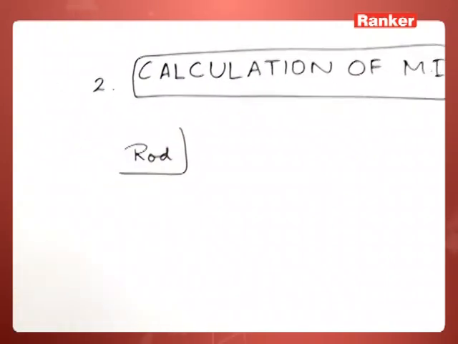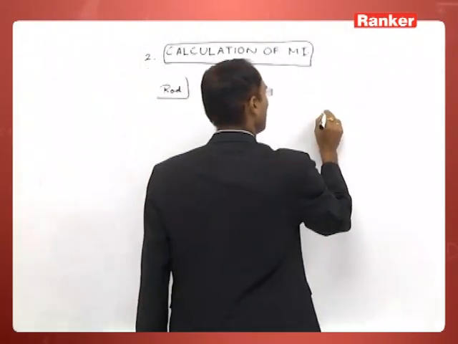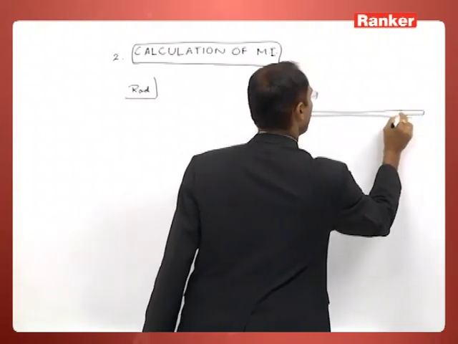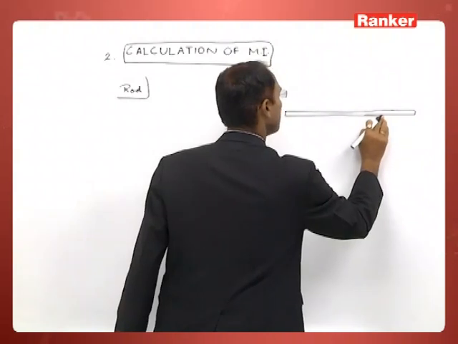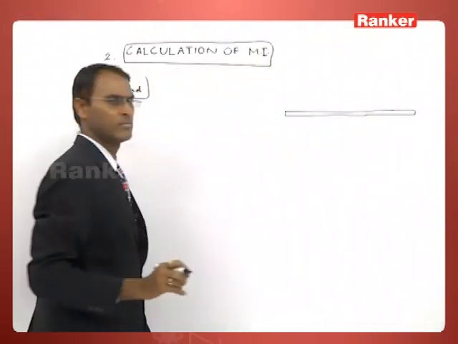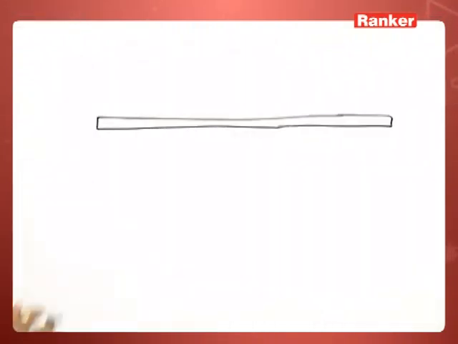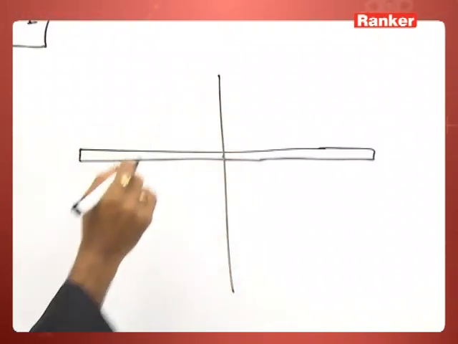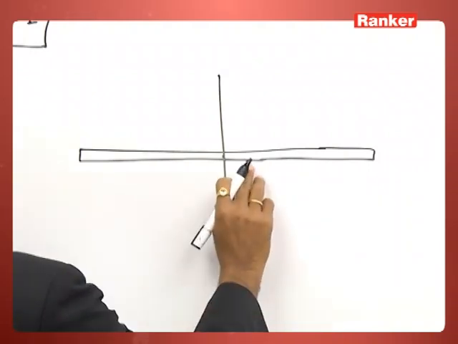Let us take the example of a uniform rod about the center of mass axis.